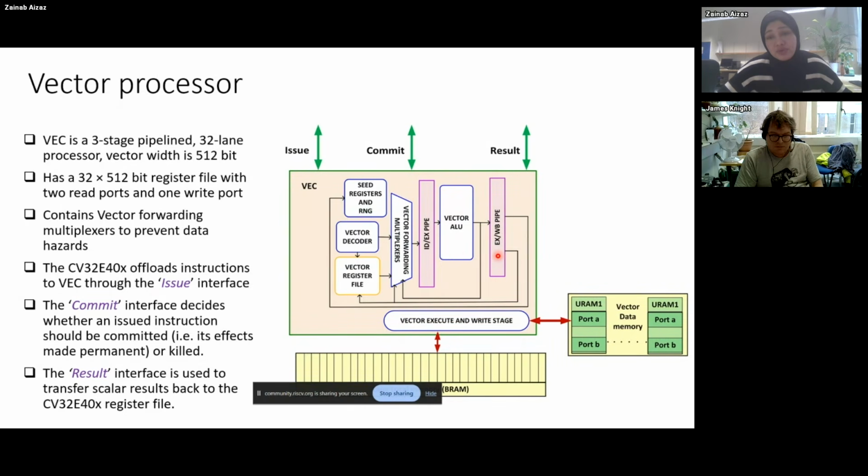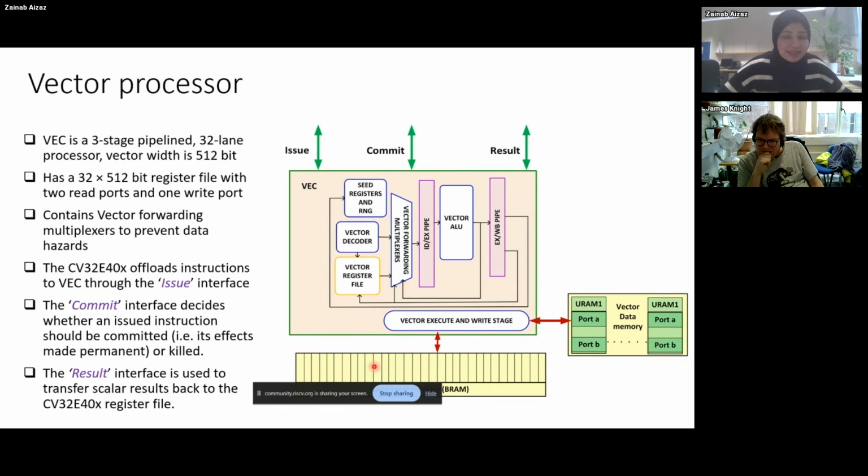Then the execution goes to execute and write back, where the results are written back to the register file, or they are written to the memory, the vector data memory. Also, for some instructions, we require data to be fetched from the vector data memory, and we do have a lane local memory suitable for spiking neural networks.